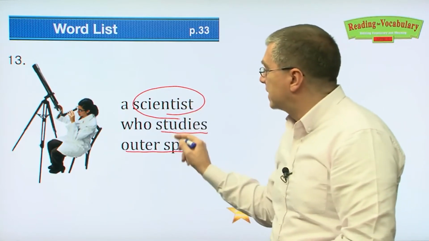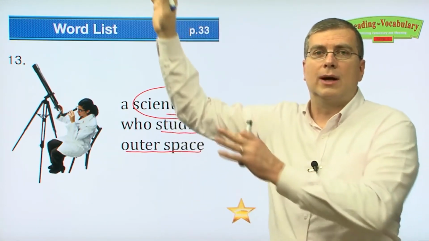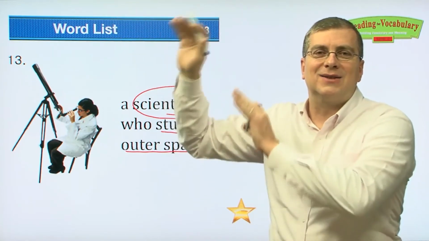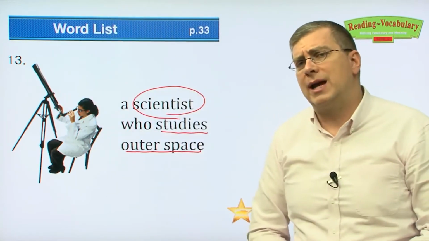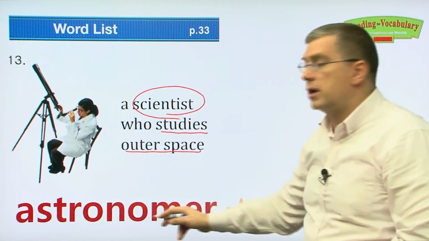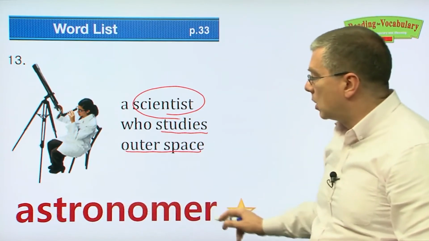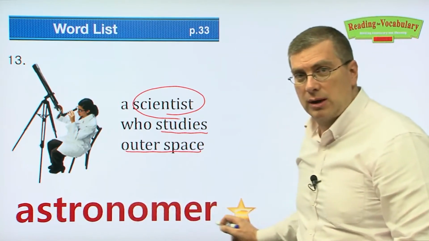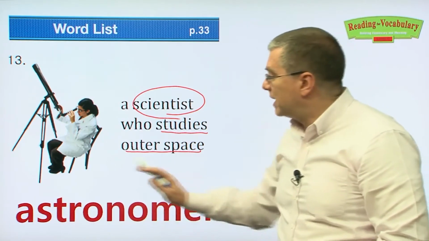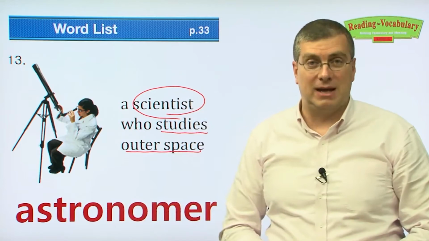But this is a scientist who studies outer space, the moon, the planets, the stars. What do we call that scientist? We call that scientist an astronomer. That's a big word, right? Astronomer. So we say astronomer is a scientist who studies outer space.